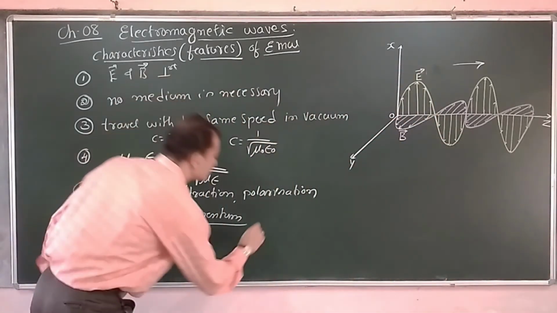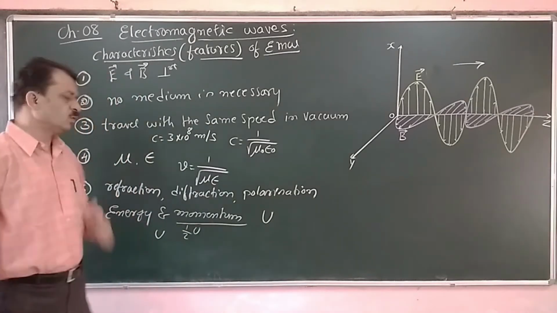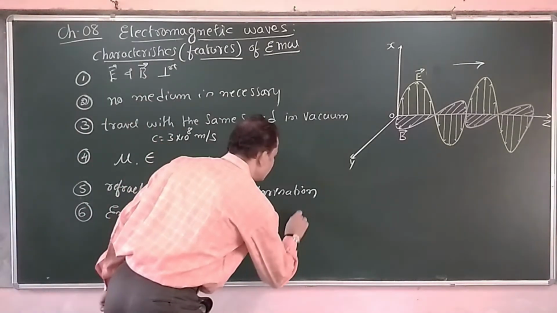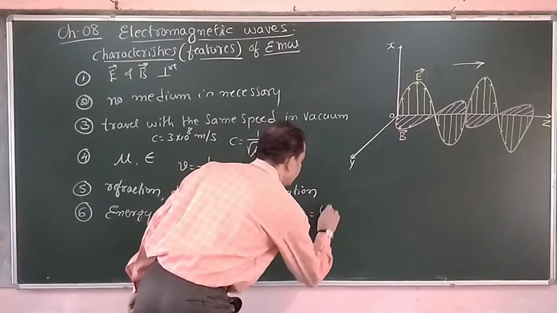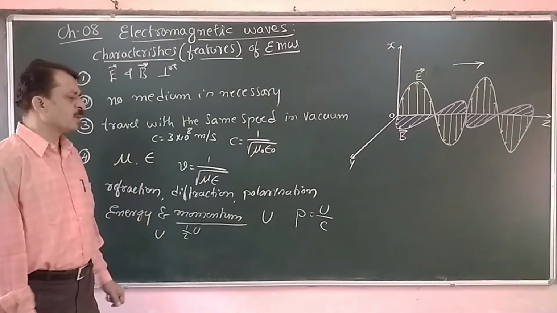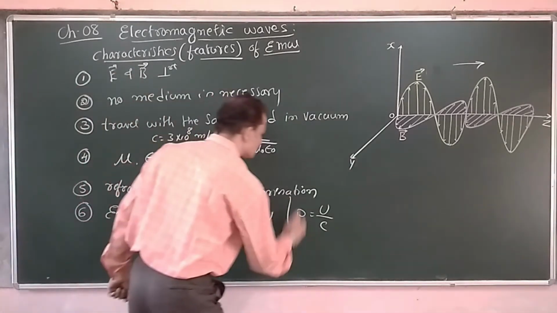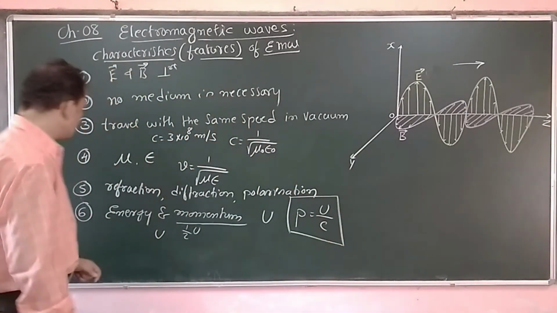Now if U is the total energy carried by the electromagnetic wave and P is the momentum, then the momentum is given by the total energy divided by the speed of the electromagnetic wave, P = U/c. This relation gives momentum and the total energy.